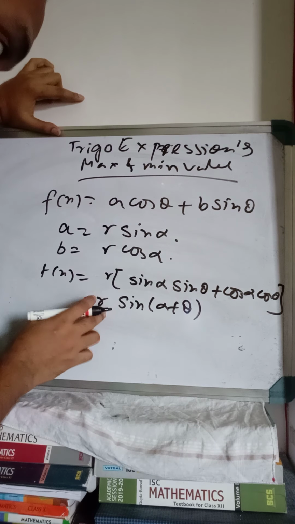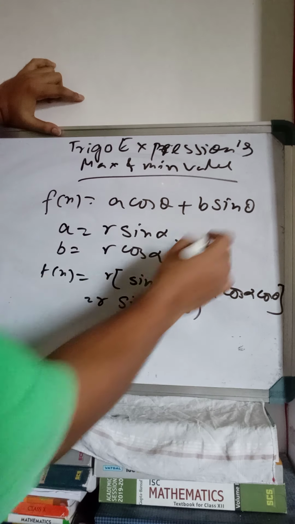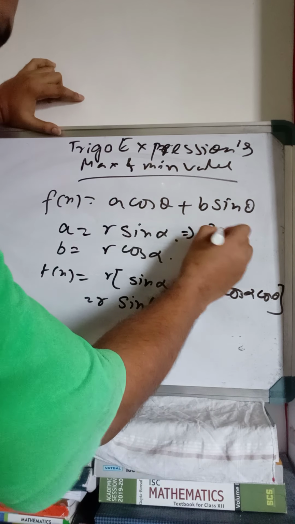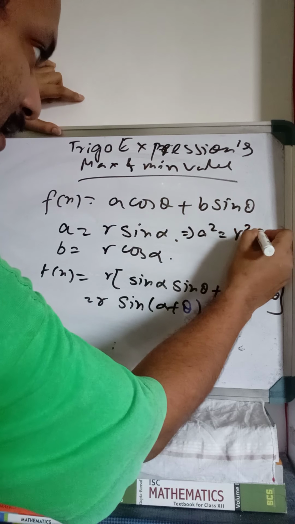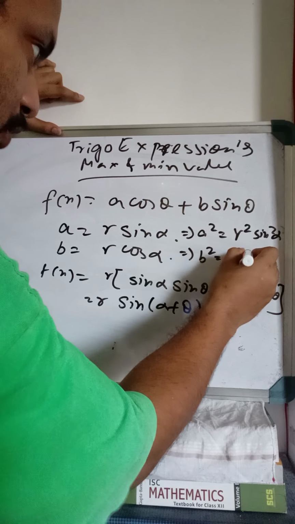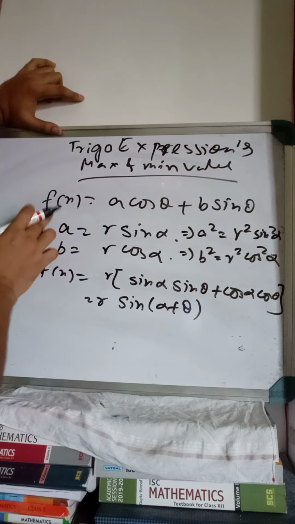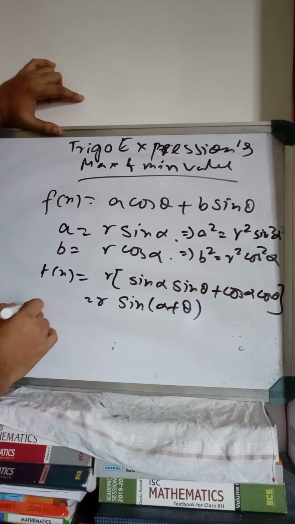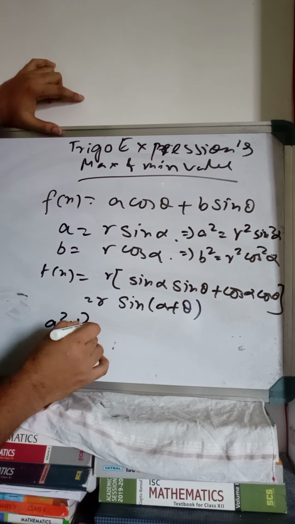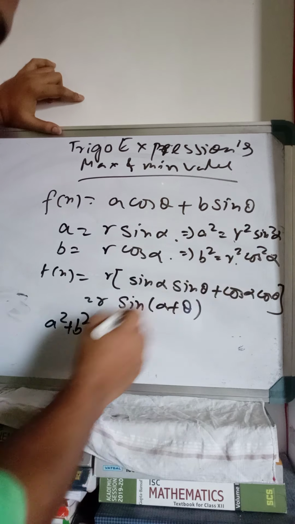Now what does r stand for? If you square a and b, then a square is r square sin square alpha and b square is r square cos square alpha. Now if you add a square plus b square, it is r square sin square alpha plus r square cos square alpha.